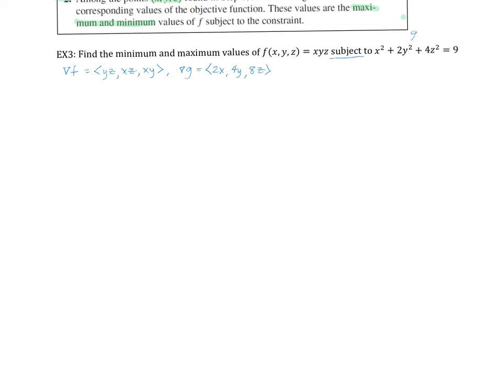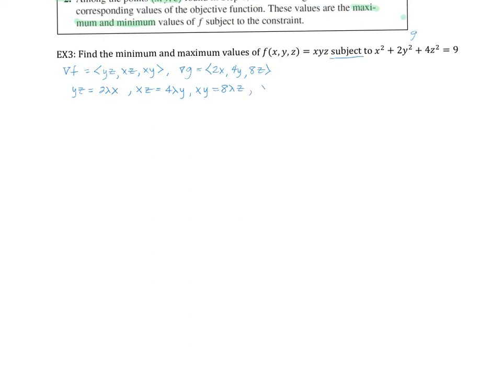They're going to differ by a lambda, which gives me yz equal to 2 lambda x, xz equal to 4 lambda y, and xy equal to 8 lambda z.